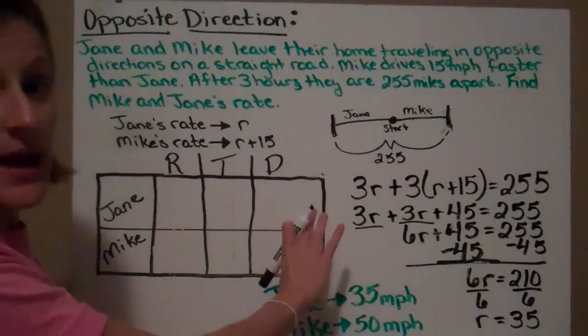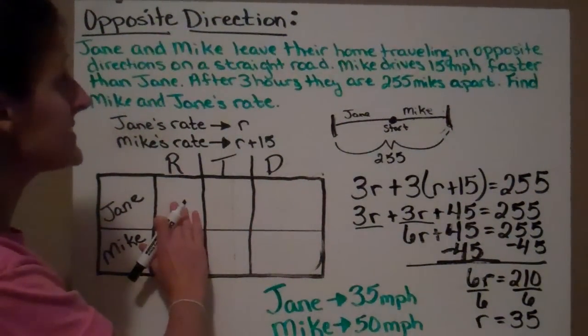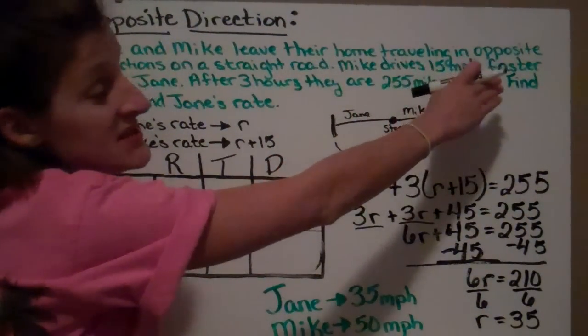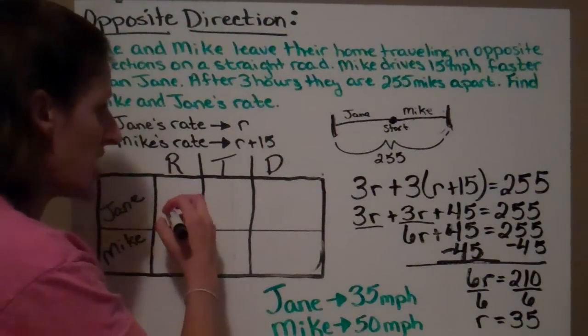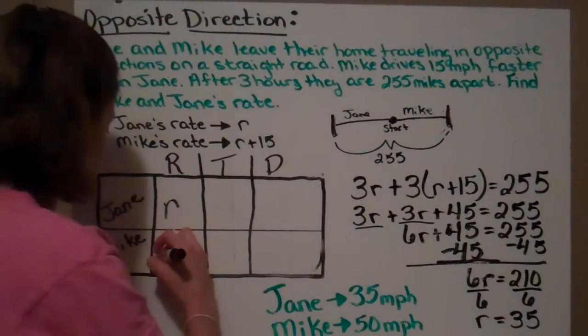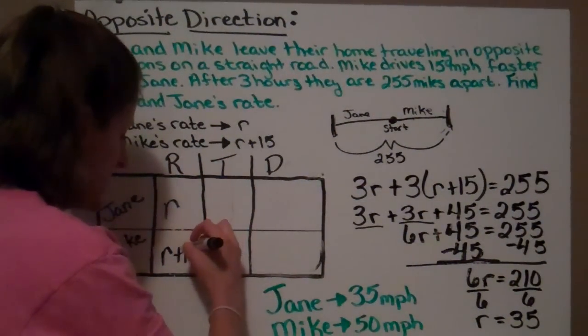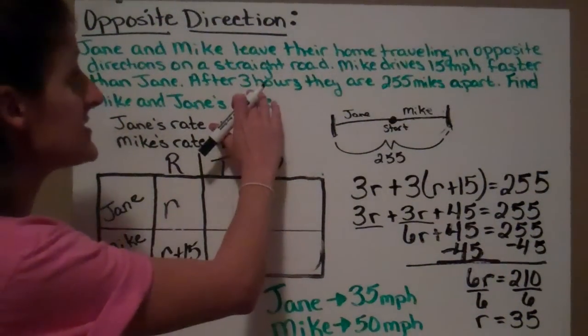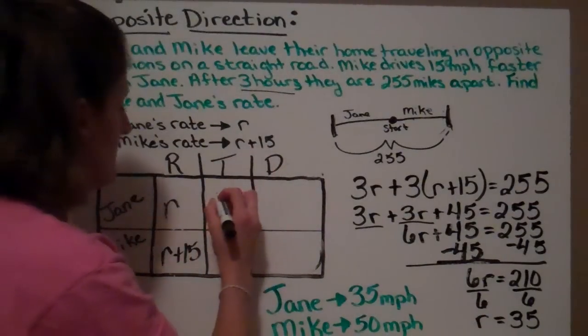So let's set up our table. Now Jane's rate, it doesn't give it to us, but Mike does drive 15 miles an hour faster. So we're going to do Jane as R, since Mike is R plus 15. He's 15 miles faster. Alright, time it tells us, which is this 3 hours right here.